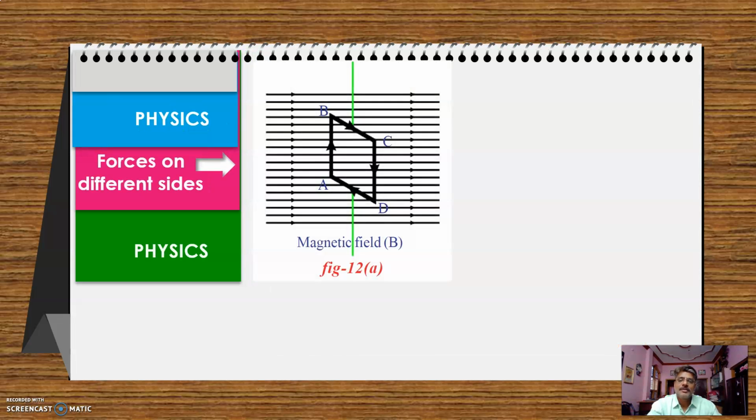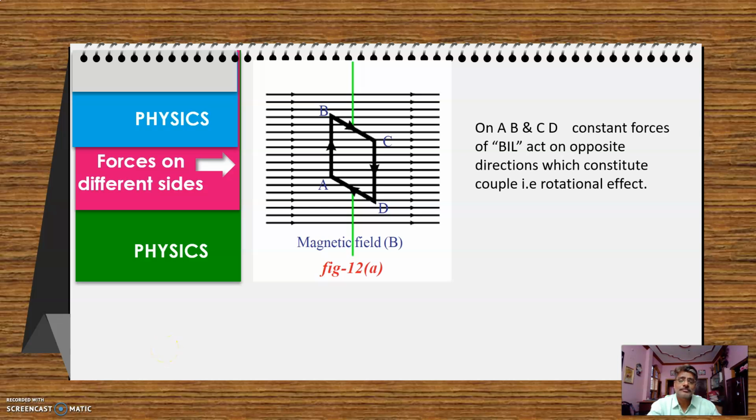Now see here, the AB and CD portions will always lie perpendicular to the magnetic field even though the coil is rotating. So hence the AB and CD parts of the coil experience constant equal and opposite forces on them.